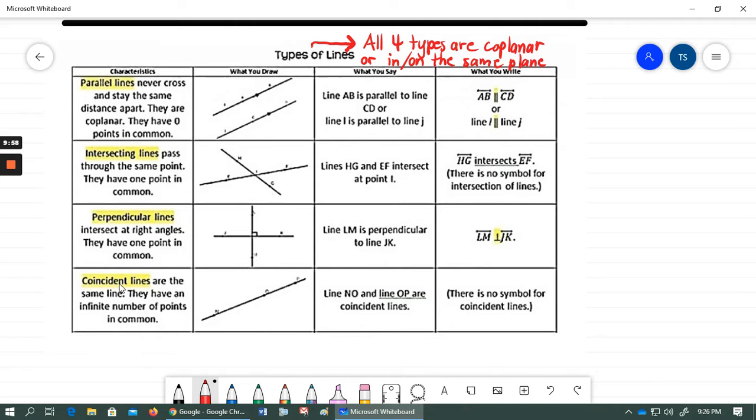Another type of lines are coincident lines. Coincident is just another fancy word to say that you have two lines that are really the exact same line. Really, the graphs of the lines are going to be technically the exact same.